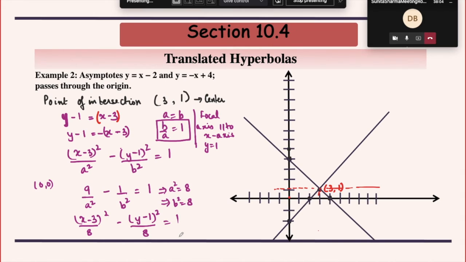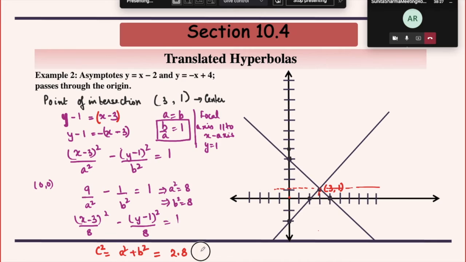What is the value of c in this case? How much is c? So your relation is c square is equal to a square plus b square. Okay. So it is 2 into 8.